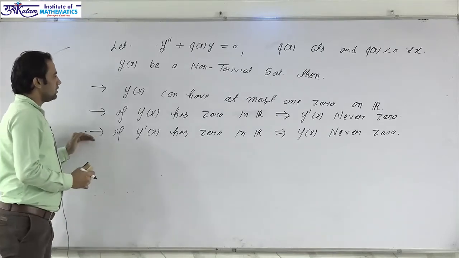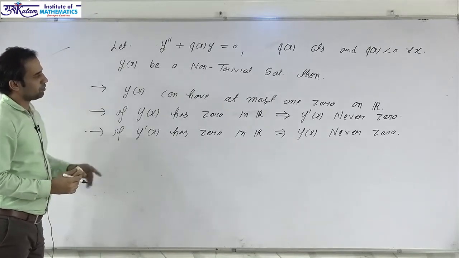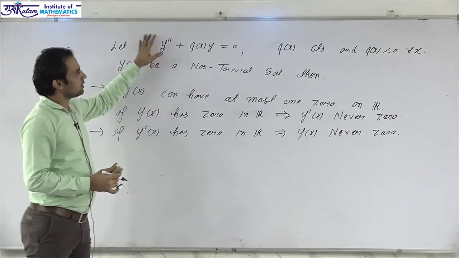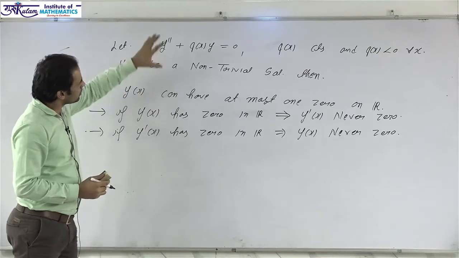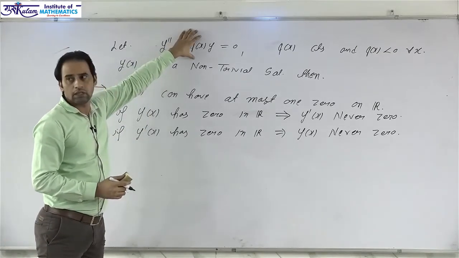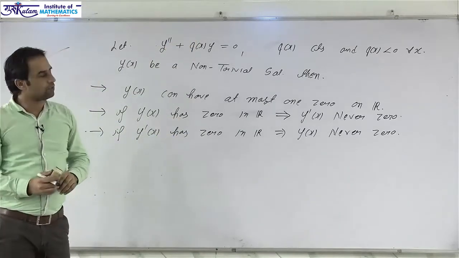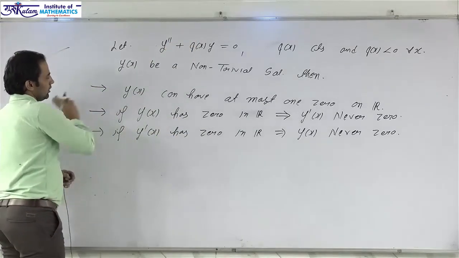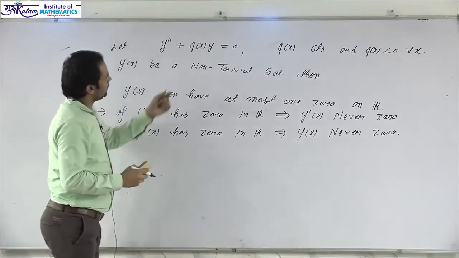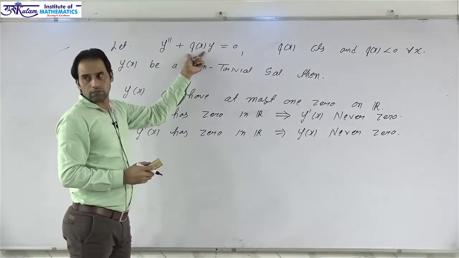So based on these three properties, there are some questions for this differential equation. Similarly, if this coefficient is positive, then there are some properties on this differential equation. So further we will go for when q(x) is positive.